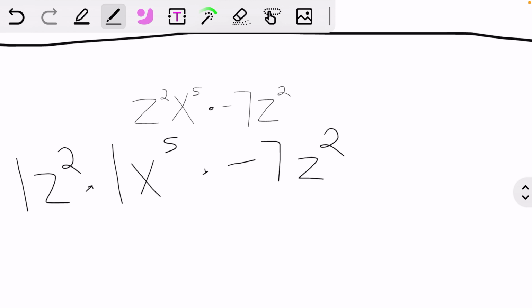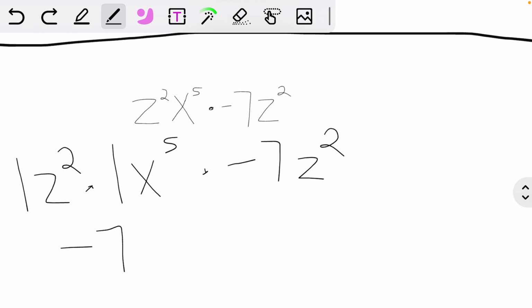So the first thing we're gonna do is combine these coefficients, and that's 1, 1, and -7. We combine this 1 times -7, and that's going to give us -7. Next, we're going to work with the z variable.